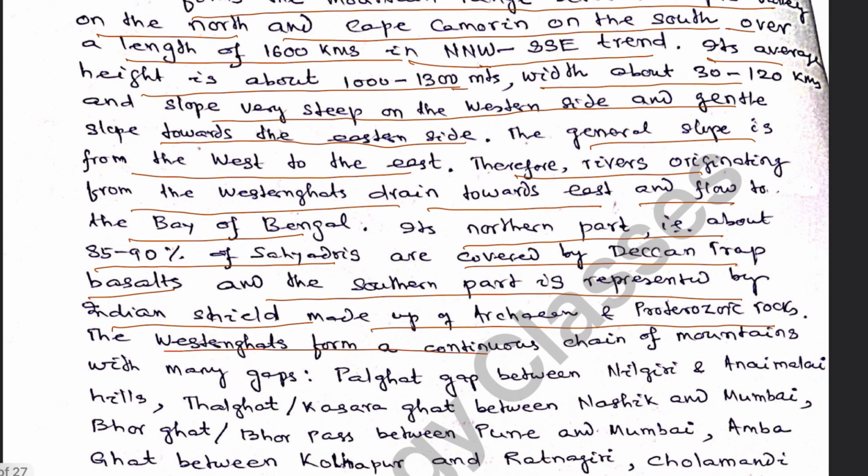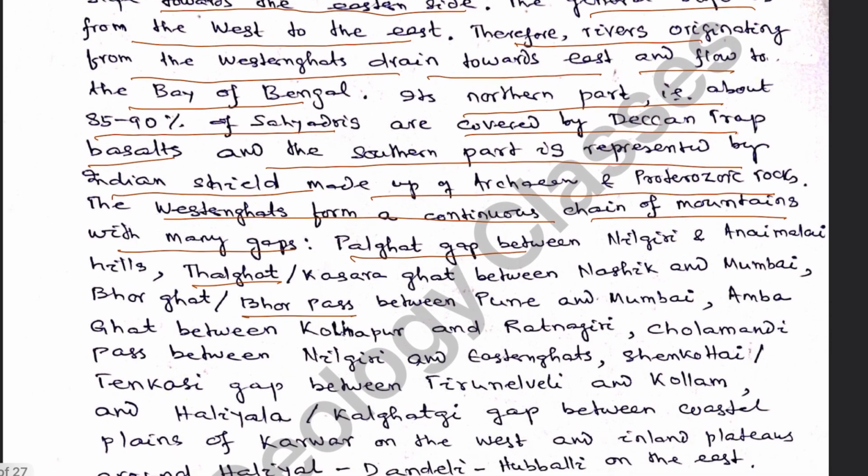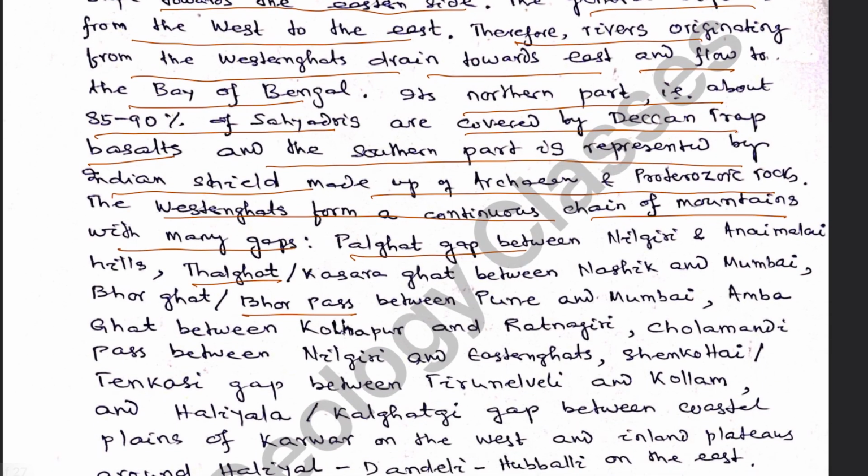The Western Ghats form a continuous chain of mountains with many gaps such as Palghat Gap, Thalghat Gap, Bhorghat Gap, then Ambaghat Gap, Cholamandi Gap, then Holiala or Kalghat Gap.